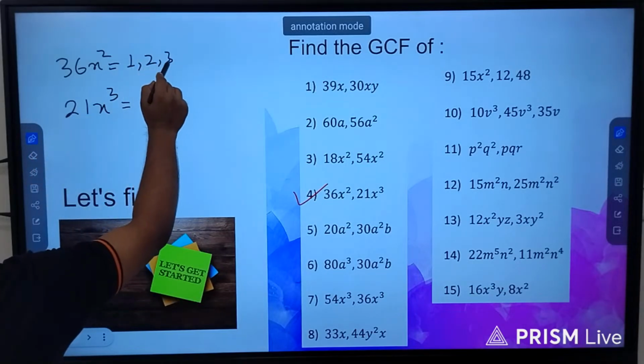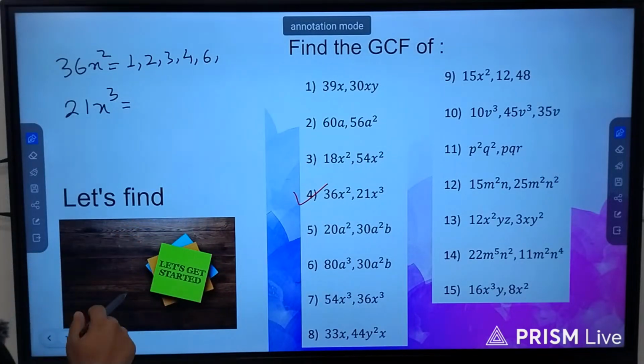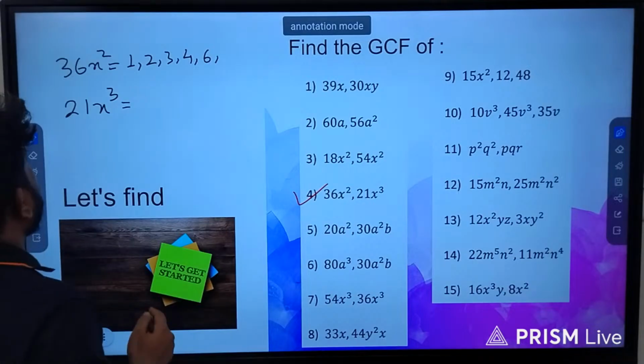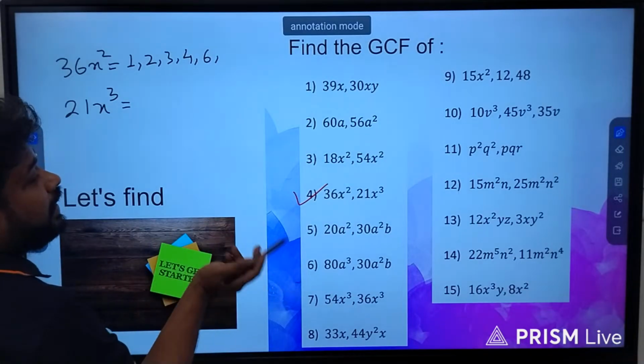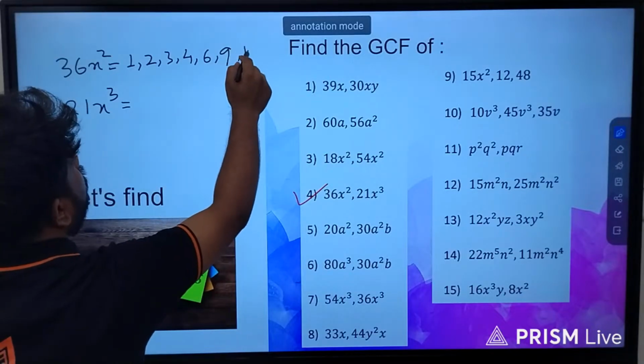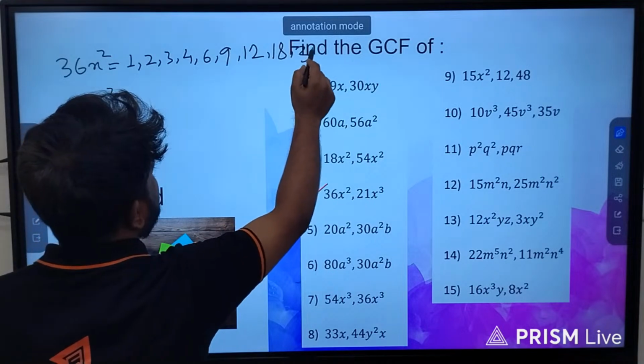I can break it down like 1, 2, 3, 4, 6, 9, 12, 18 and 36.